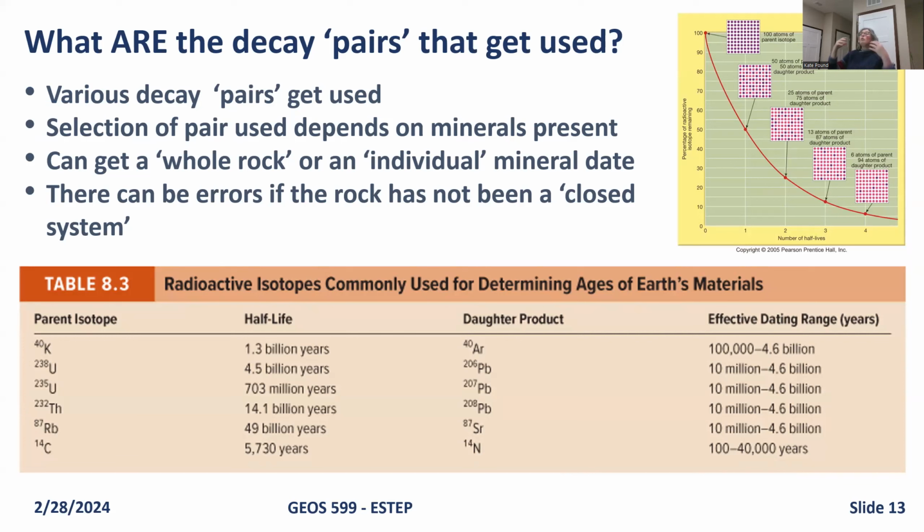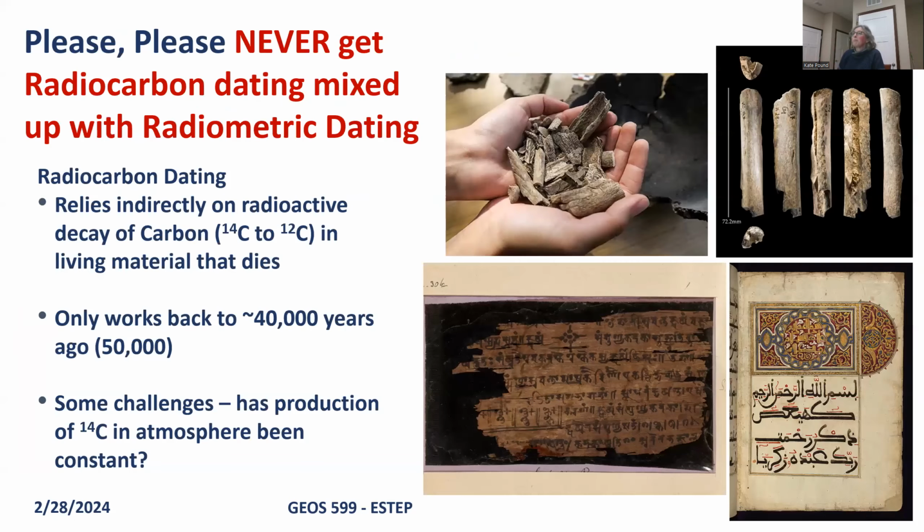They lose some argon for a variety of reasons. But the geochemists and geochronologists are really careful about how they apply these different methods. And there are a bunch of tests they do to make sure they're using the correct approach.